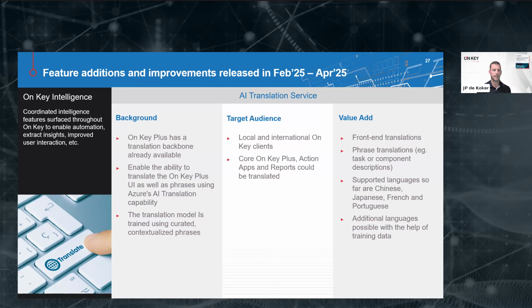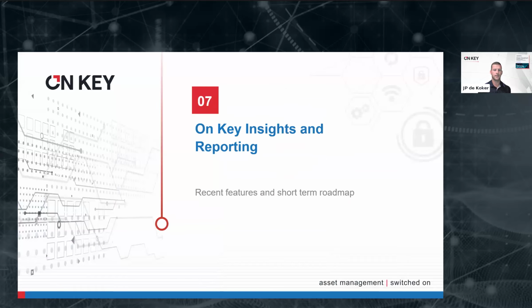So already adding a lot of value in here. This is an ad hoc service, so we deploy it as an add-on to OnKey, and then you have your system and phrase translations translated to the language or languages of your choice.